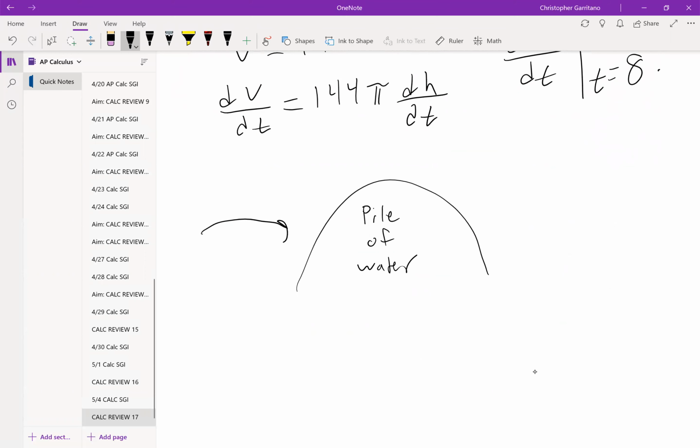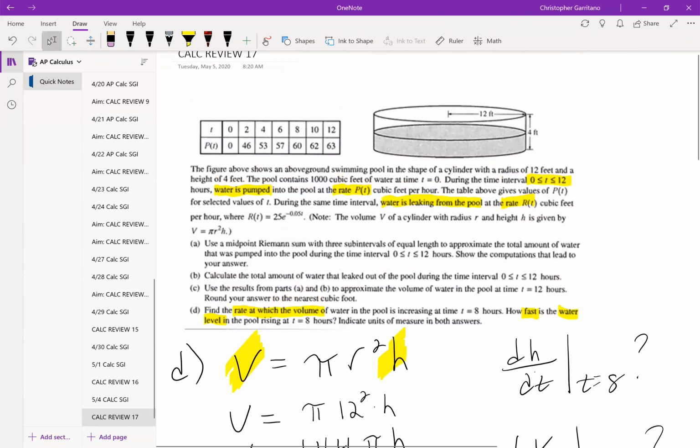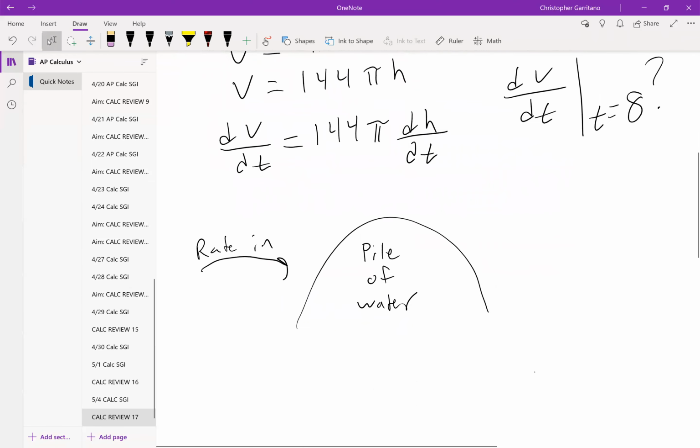There's some rate in, which is, I believe they said P of t. Right.